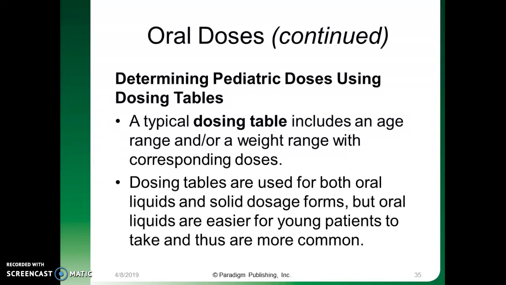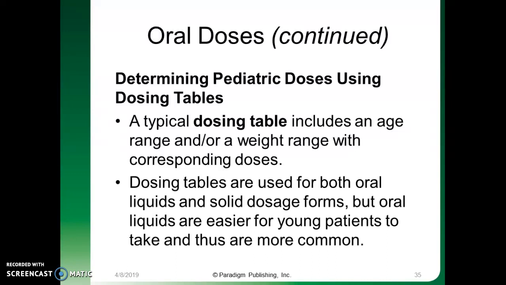So, determine the pediatric dose using dosing tables. A typical dosing table includes an age range and/or a weight range with corresponding doses. Dosing tables are used for both oral liquids and solid dosage forms, but oral liquids are easier for young patients to take and thus are more common.